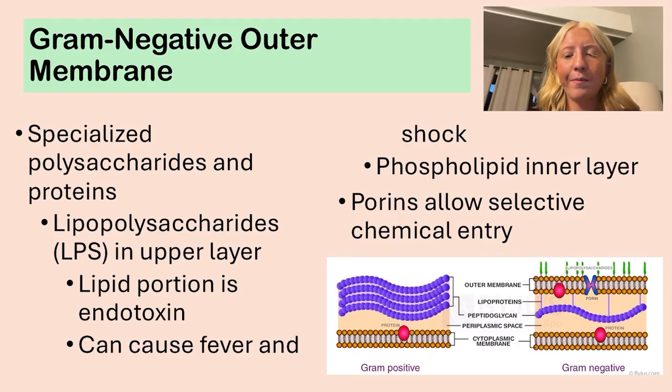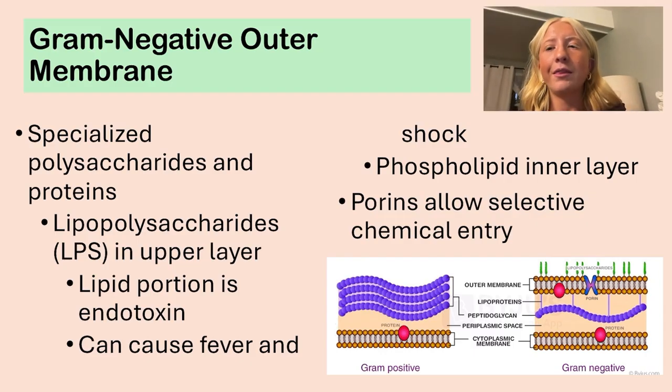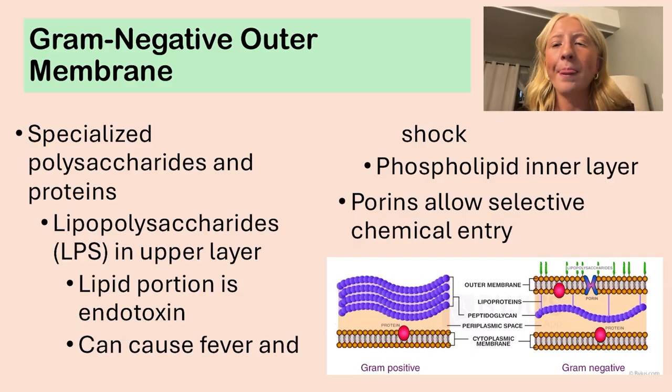So now we're going to talk about the gram-negative outer membrane. They have an additional outer membrane compared to the gram-positive. This is the upper layer made up of lipopolysaccharides, also called LPS, and these contain endotoxins, and these help trigger immune responses like stimulating a fever or septic shock in infections like meningitis.